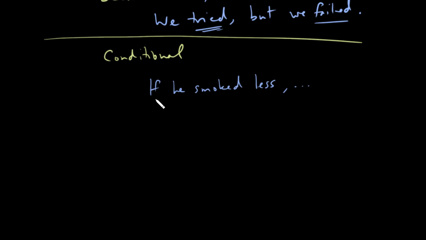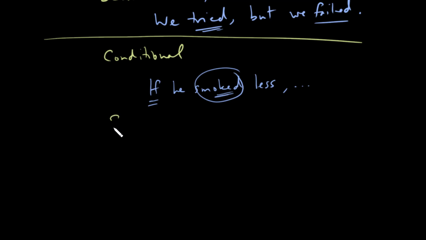You can see that in this conditional statement, which starts with if, we have smoked. Okay, it's a little bit different, but this expresses some kind of hypothetical situation. It's a hypothetical situation that's unlikely to come true, something that probably happened already, we can't do much about, but it still remains a conditional.